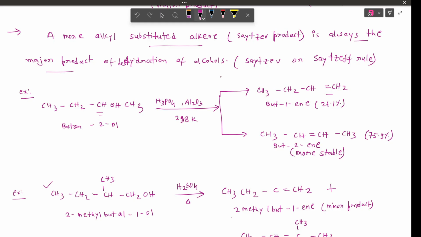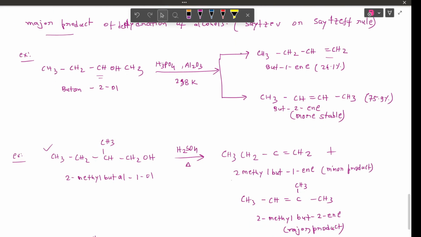So a more alkyl substituted alkene is always the major product. If you notice here, in this double bonded carbon you have only one alkyl group attached to it. And here, in the double bonded carbon, two alkyl groups are attached.